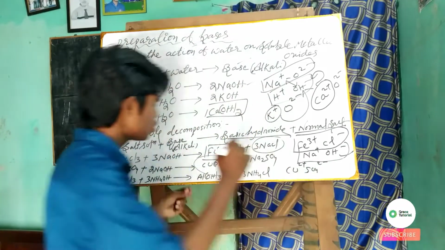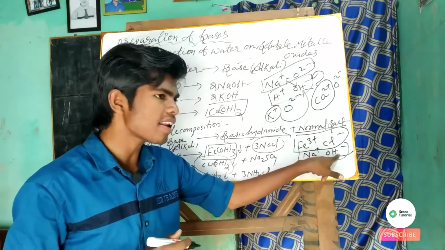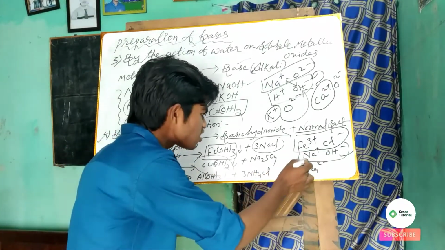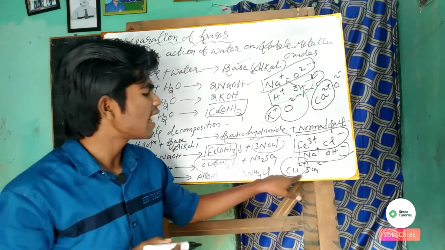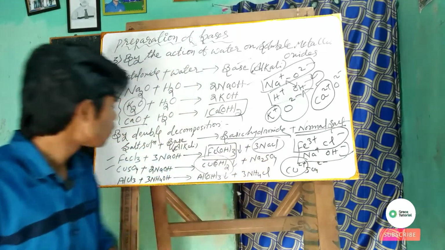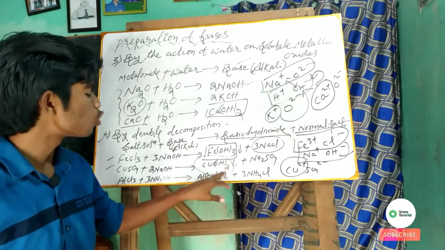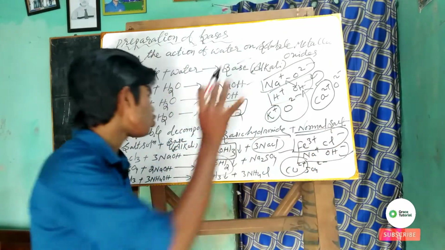And if you dissociate NaOH, you will get Na+ and OH−. So here the positively charged part of copper sulfate reacts with the negatively charged part of sodium hydroxide, that is the OH− ion, to form Cu(OH)2, that is copper hydroxide, with the formation of the normal salt.